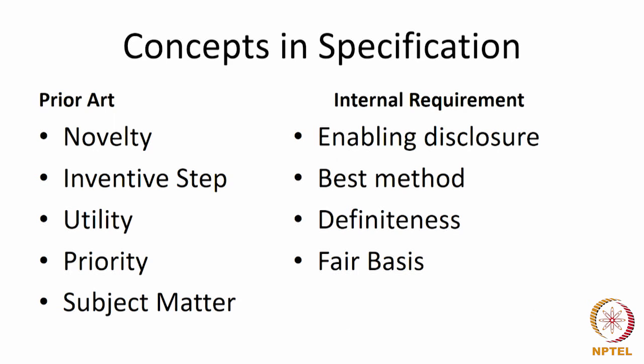So if there is a claim which incorporates an element or a part which is not disclosed or explained in the descriptive part, then we say the claim is not fairly based on the description. The claims have to come from the description.